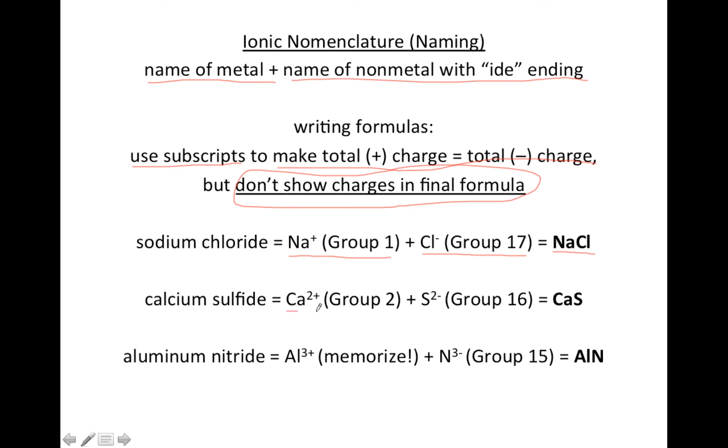Next example, calcium group 2, so it's +2. Sulfur group 16, -2. So again, just write CaS without the charges because your pluses and minuses are already equal. And last example, aluminum +3 and nitrogen group 15, -3, so we write AlN.